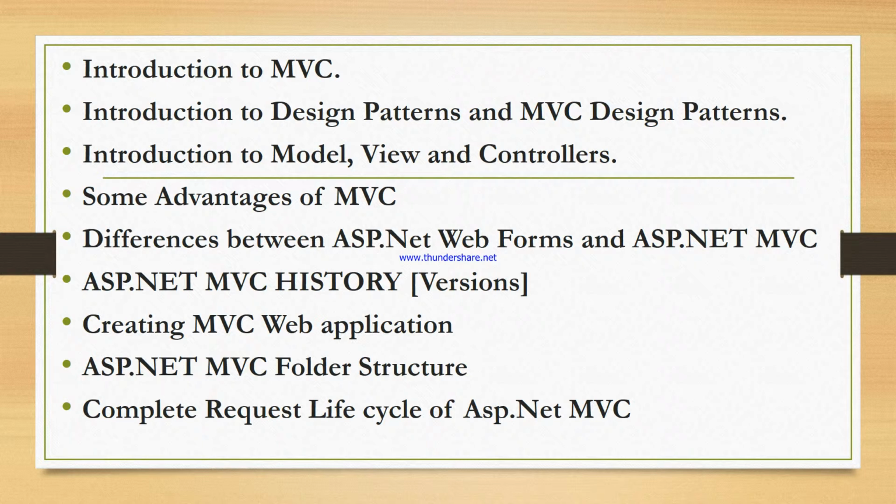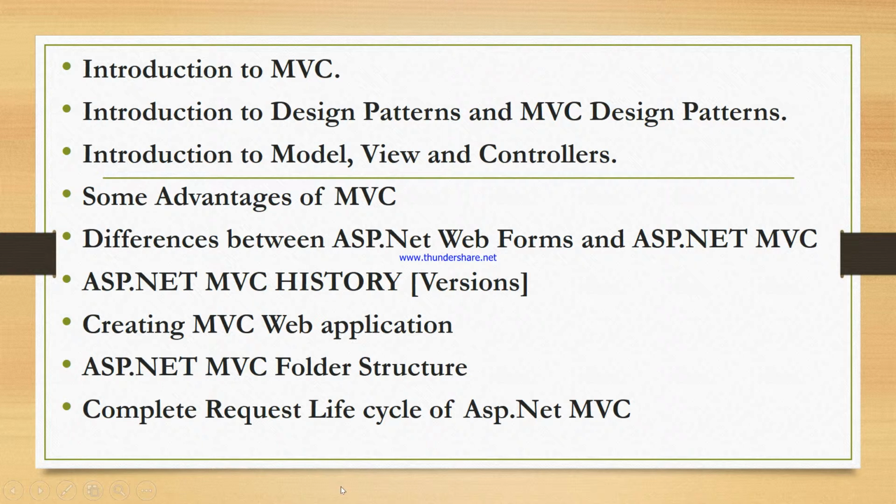And create just one sample web application and analyze the folder structure. The next one is the ASP.NET MVC folder structure. What are all the default folders it will load when you create any sample project? For example, views, models, controllers, and if you want to save the styles and scripts files, all these things, and also web.config and global.asax files.